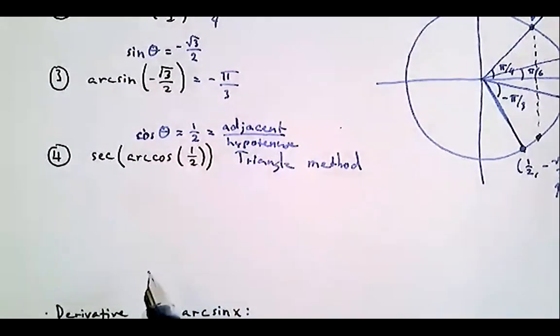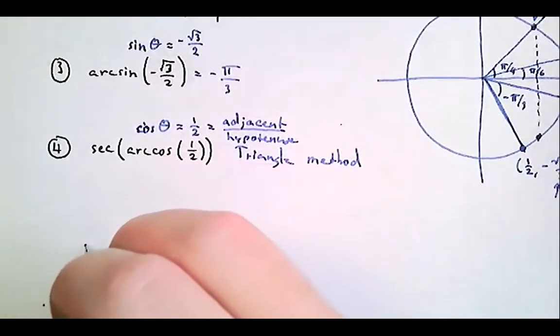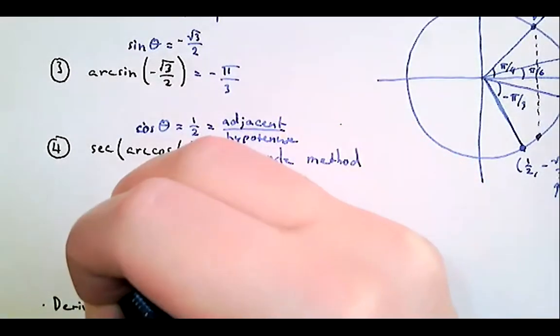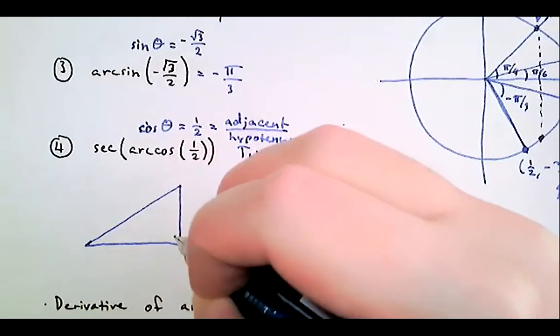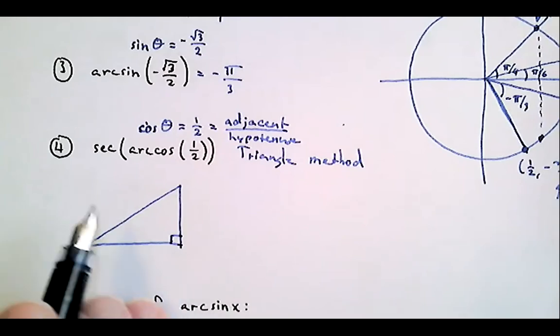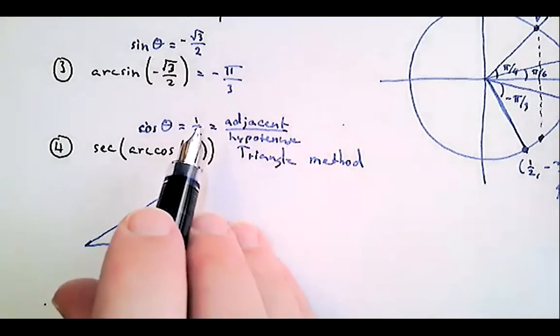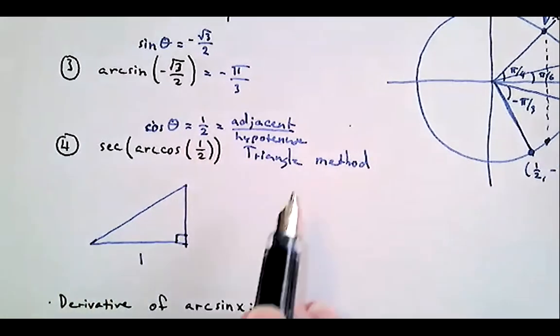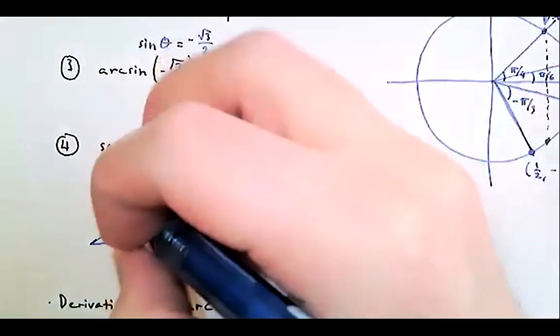So let's draw that triangle. It doesn't have to be to scale, so don't worry about that. Just write down what the values are. So the adjacent side is 1, the top of the fraction. The hypotenuse is 2.